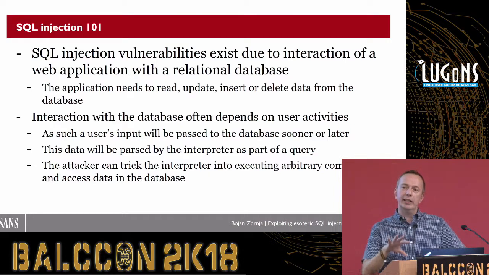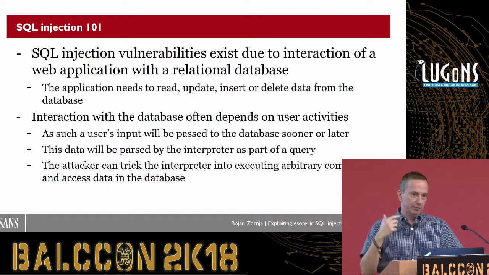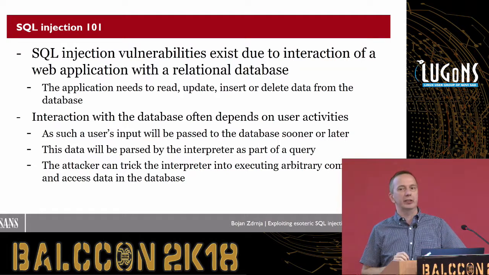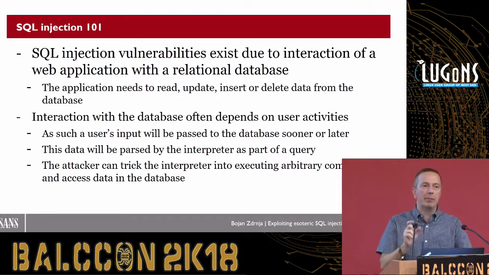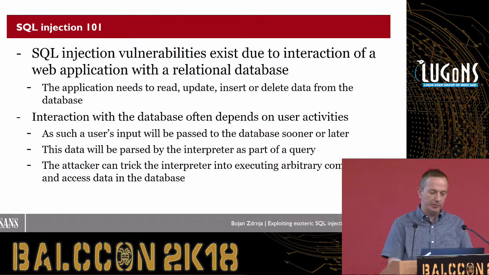So indirectly, we can actually modify the SQL query that is being passed by our web application front end to the database backend. This data, since it's sent to the database, is parsed by the interpreter. So it is a part of the query which will be passed by the web application to the database, and it will be executed by the SQL interpreter.